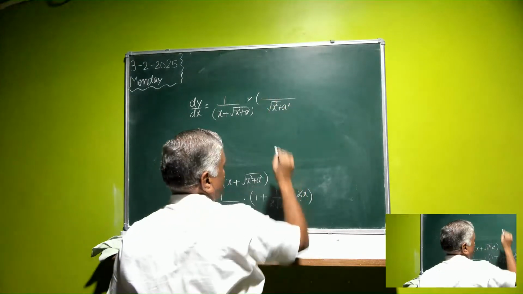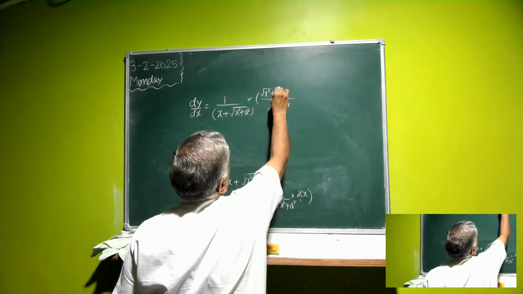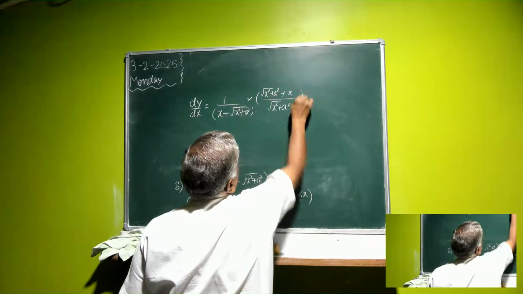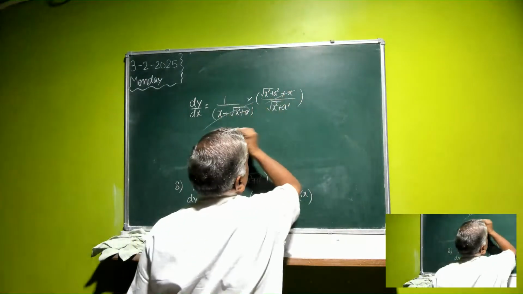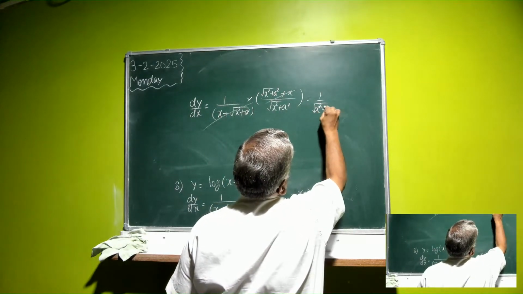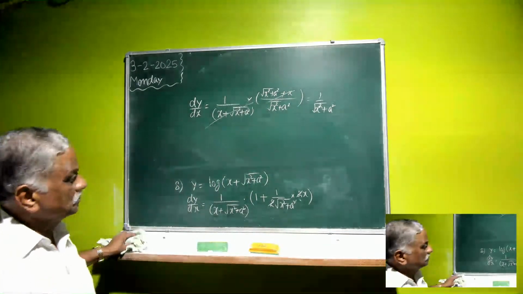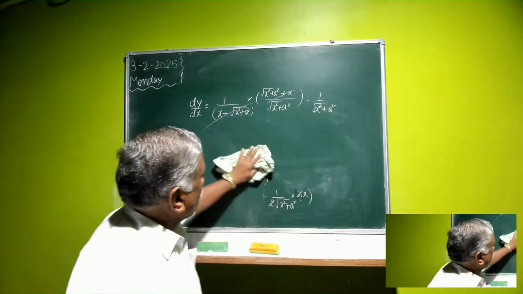You get root of x square plus a square plus x, and you take the LCM. These two terms will cancel. You get the answer that you are supposed to get, because it was given in that form. So this is how we complete the problem.